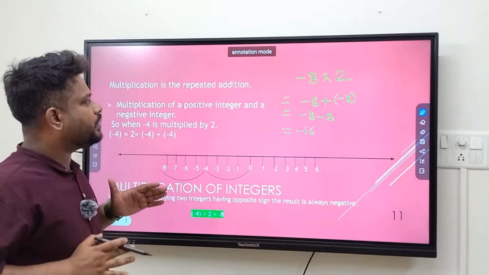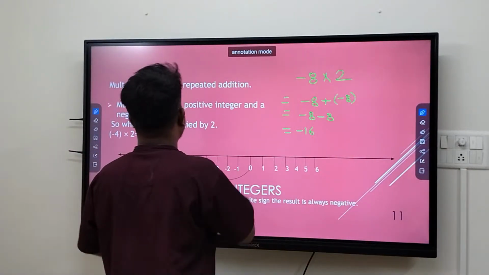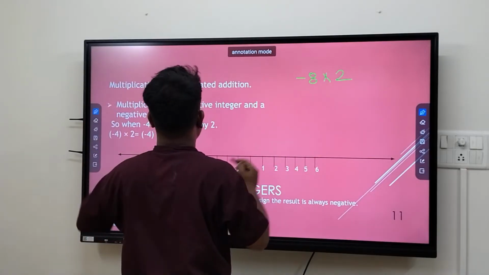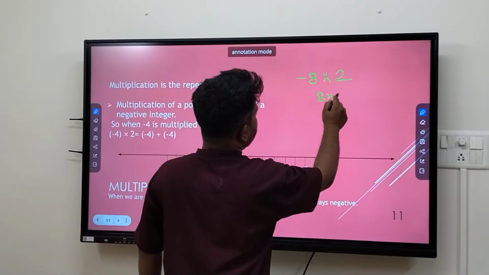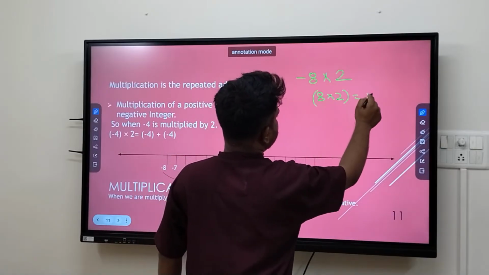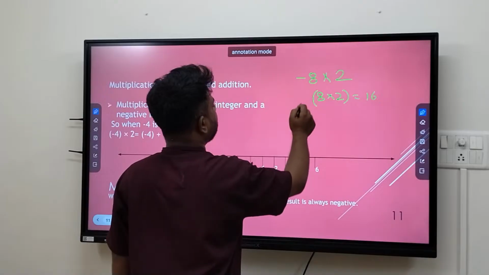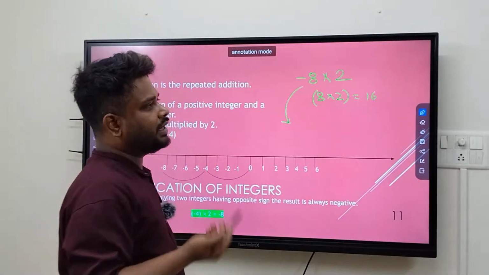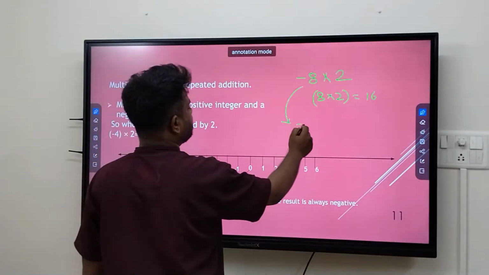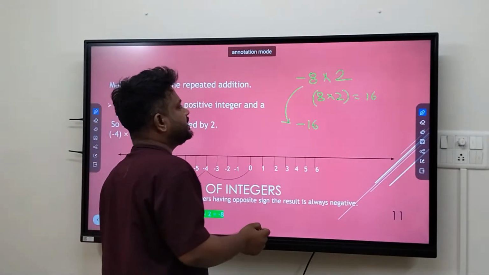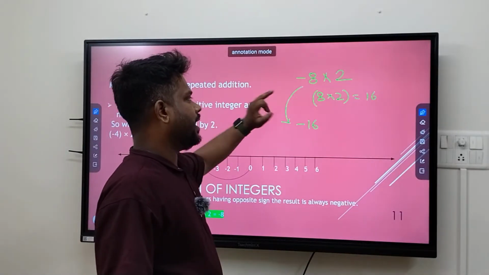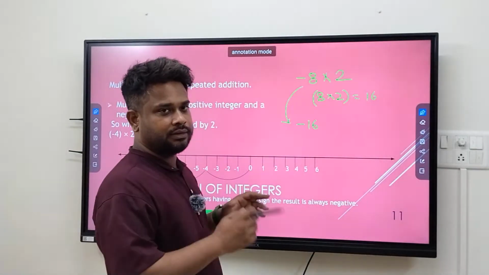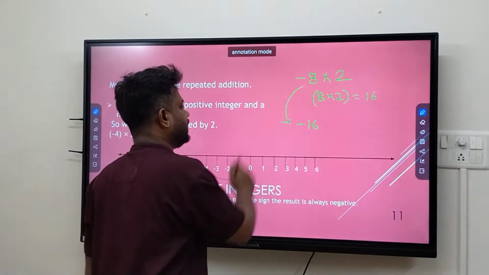So this is like the normal 8 into 2, which gave us 16, and here when we multiply minus 8 with 2, it also gives us minus 16. Only the difference is that the minus also takes its place and it becomes minus 16.